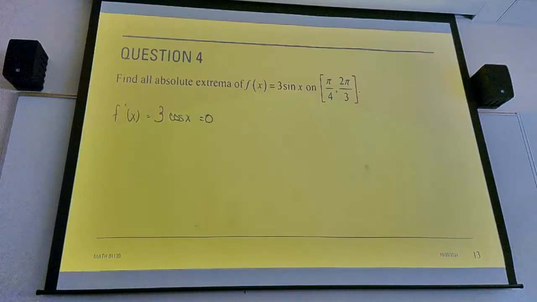So set it equal to 0 and solve. That would mean cosine of x is 0.